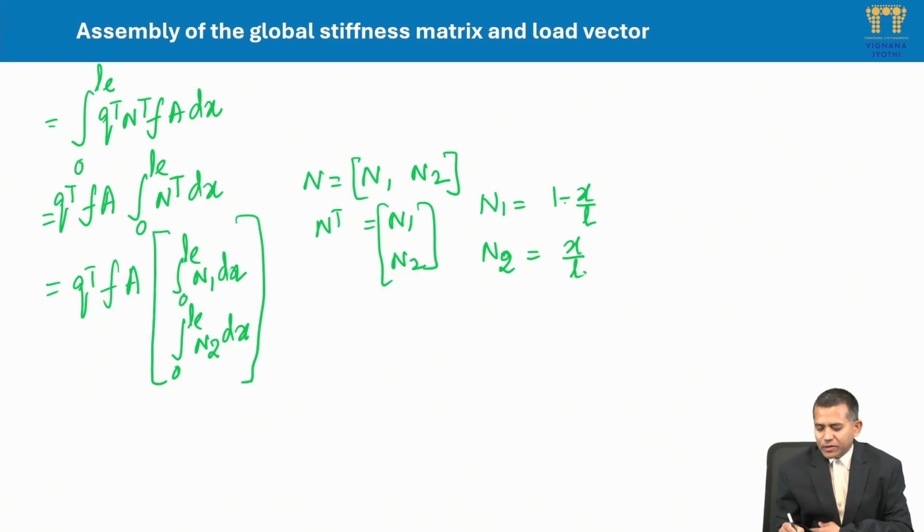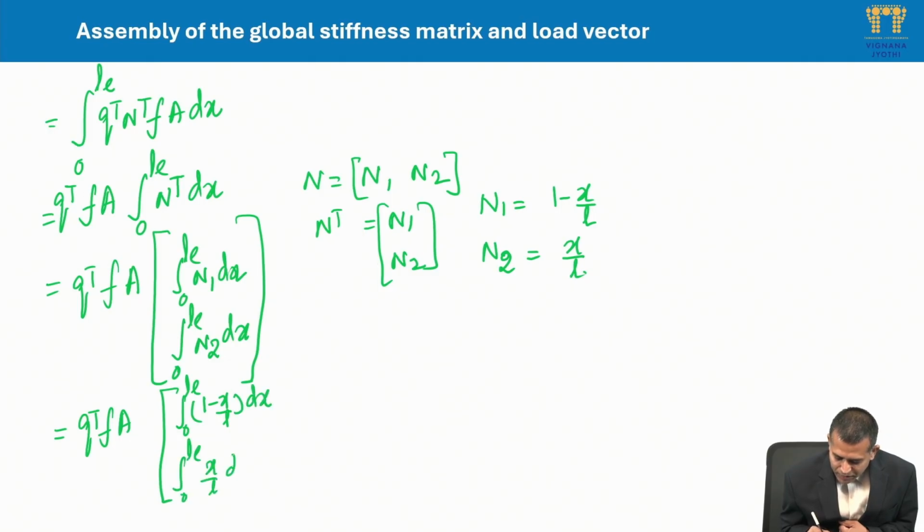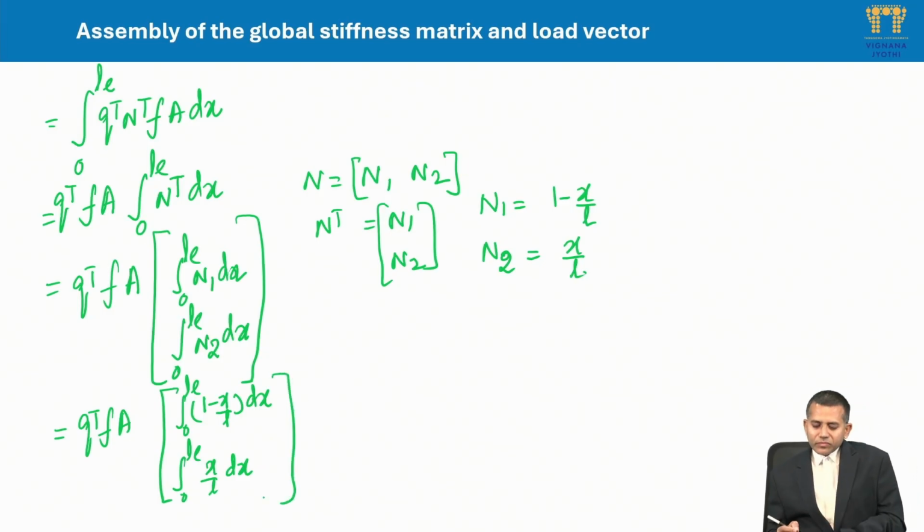Right. Now I can substitute this N1 and N2 in this expression. So we substitute and get f A times the integral from 0 to LE of (1 minus x by L) dx, and the integral from 0 to LE of (x by L) dx, right?